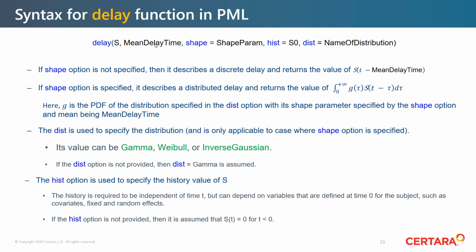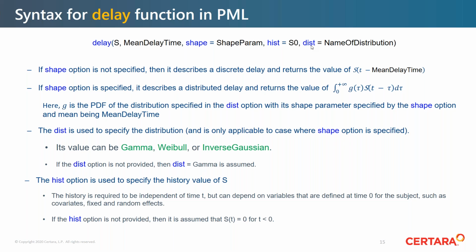This mean delay time is given by the second argument. If the shape option is provided, then it's distributed delay and returns this convolution. The D here is a PDF distribution specified by the dist option, with the shape parameter specified by the shape option, and the mean described by the second argument.